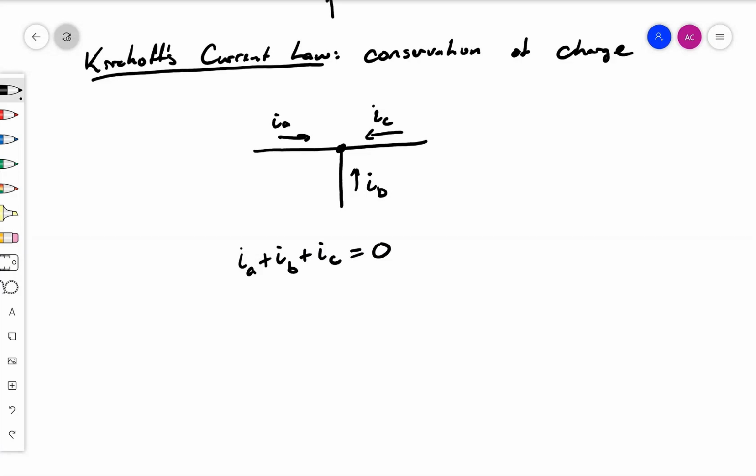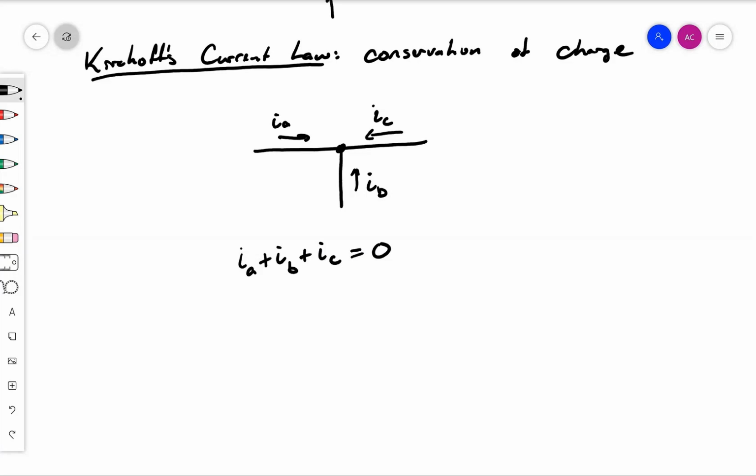Why don't we have the arrows pointed outward? That's because, remember, current has a direction. Since we flipped the direction on IC, its sign is going to change. So if it was 1 amp before, it would now be minus 1 amp. Having that negative number in there will help it reach 0, so it's mathematically allowed.